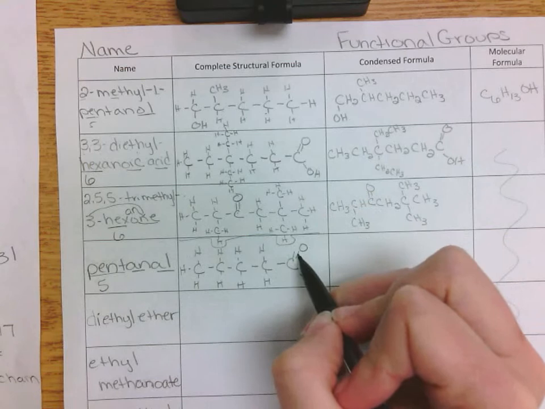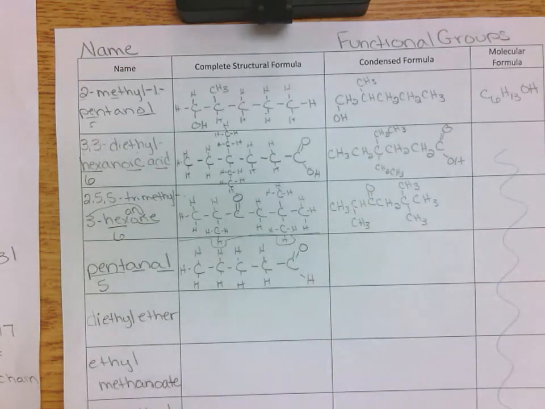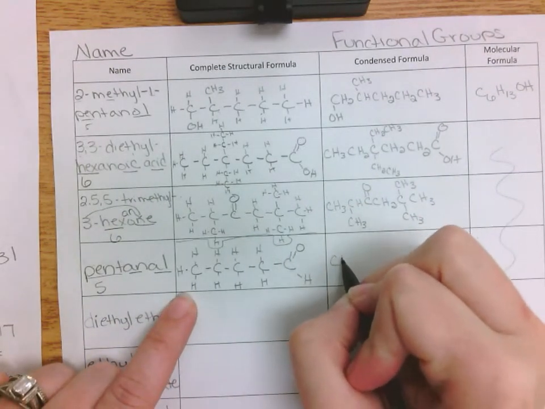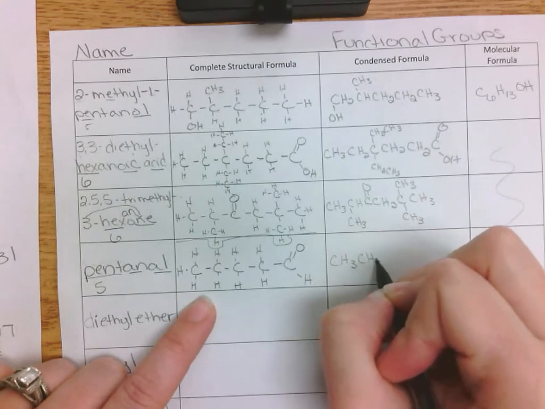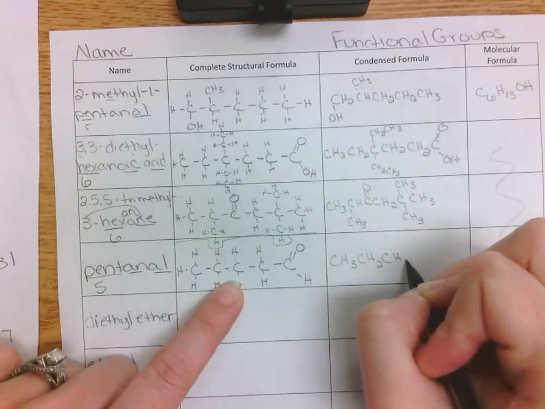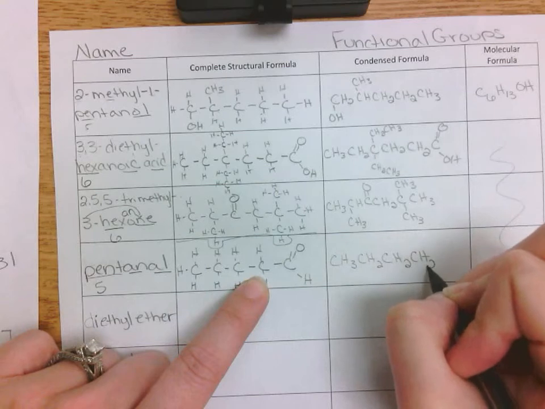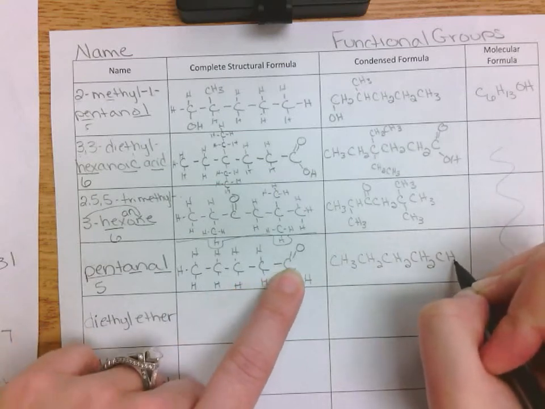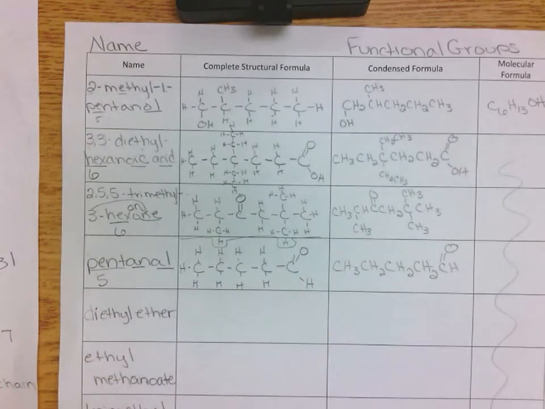This carbon has 1, 2, 3, 4 bonds, so it doesn't need any more. So our condensed version, CH3, CH2, CH2, CH2, CH, double bond O.